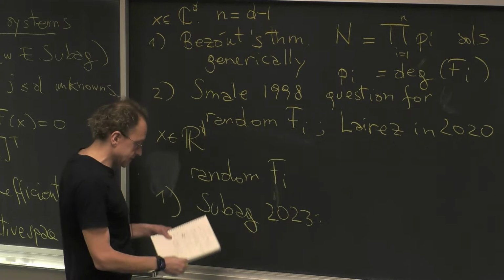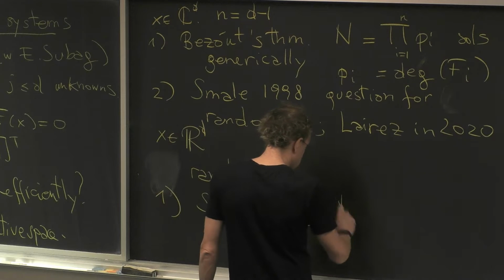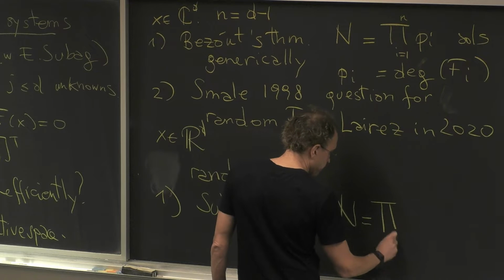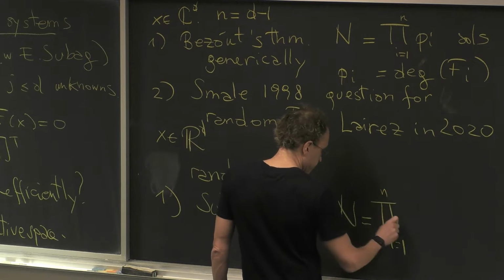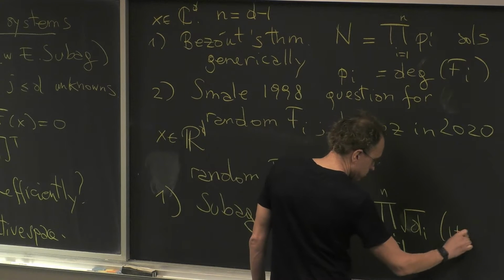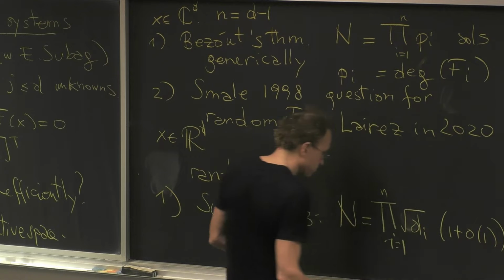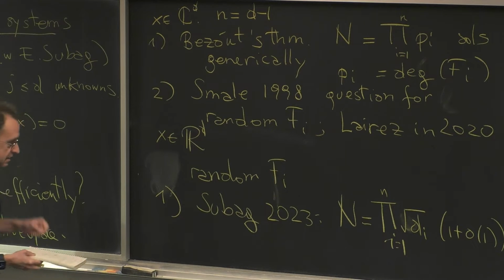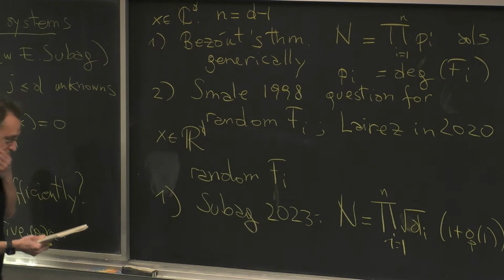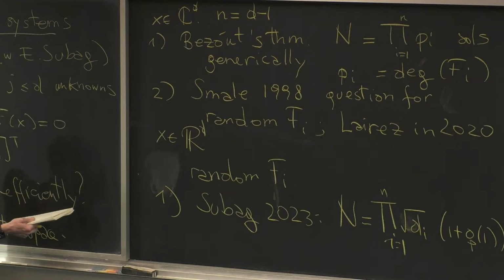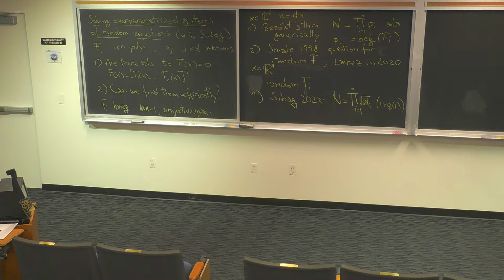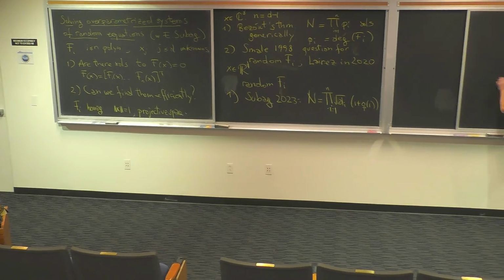And what he proved is that the number is not deterministic, but basically concentrates around the square root of the Bézout number. And this is a probabilistic statement. So without probability, the number of solutions is close to the square root of the Bézout number. But he didn't ask about algorithms for finding such solutions.